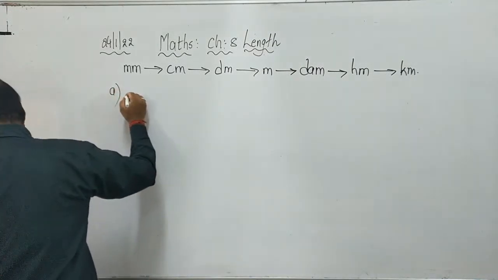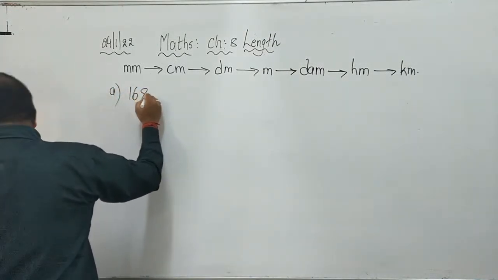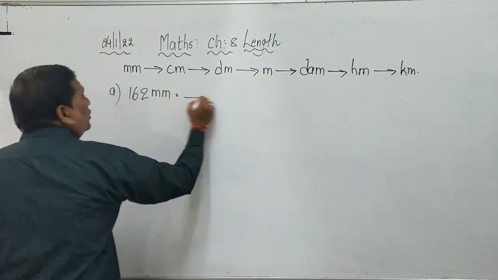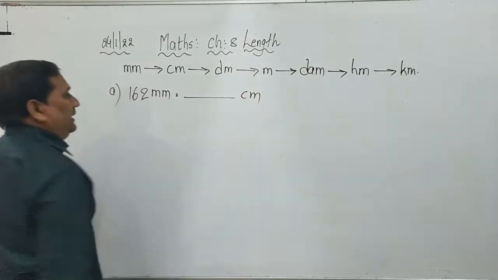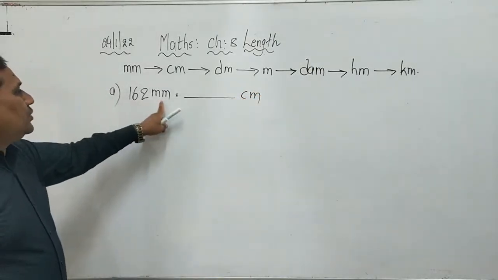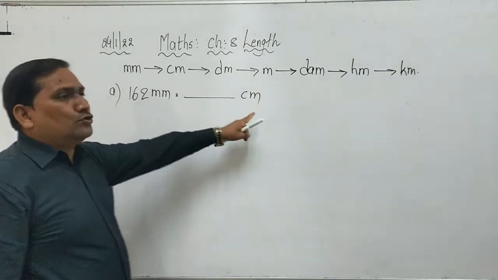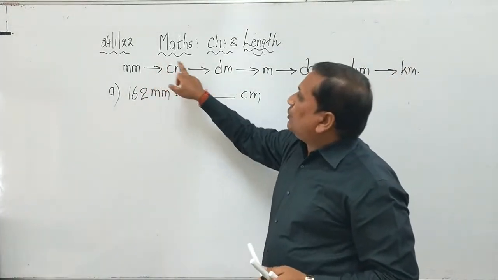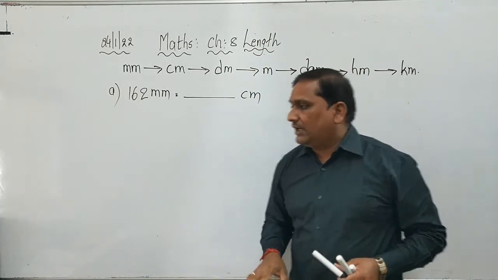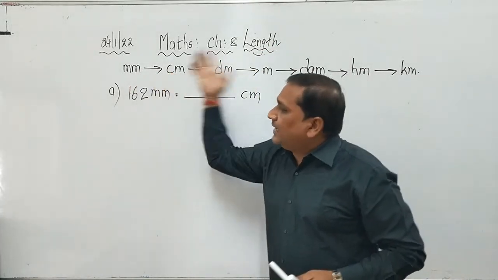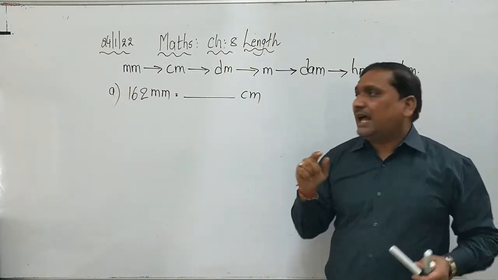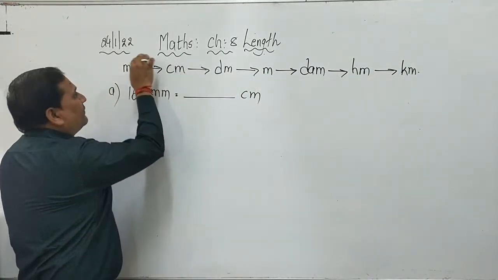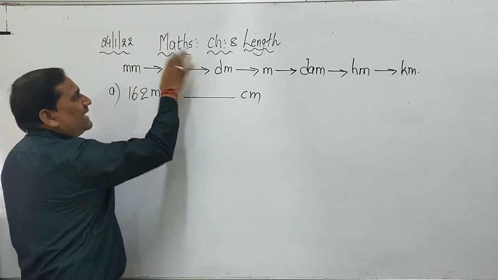Now what we have to fill in the blank. Suppose number A, 162 millimeter is equal to dash centimeter. From smaller to bigger we have to convert. The very next unit is there. After millimeter, what comes? Centimeter.